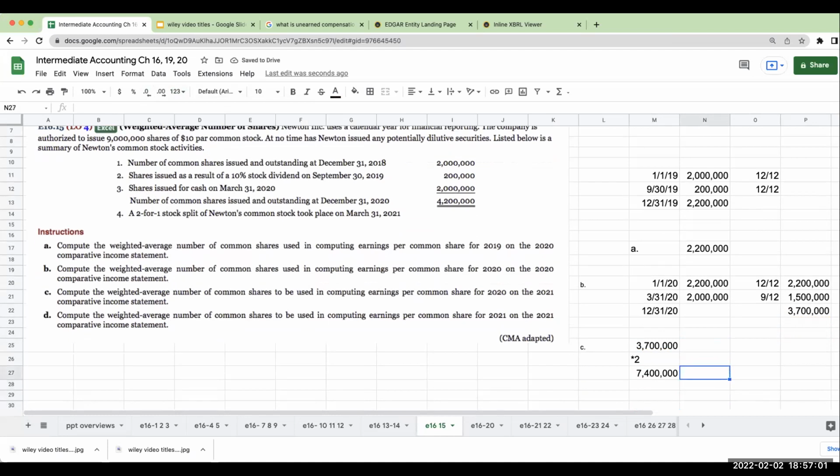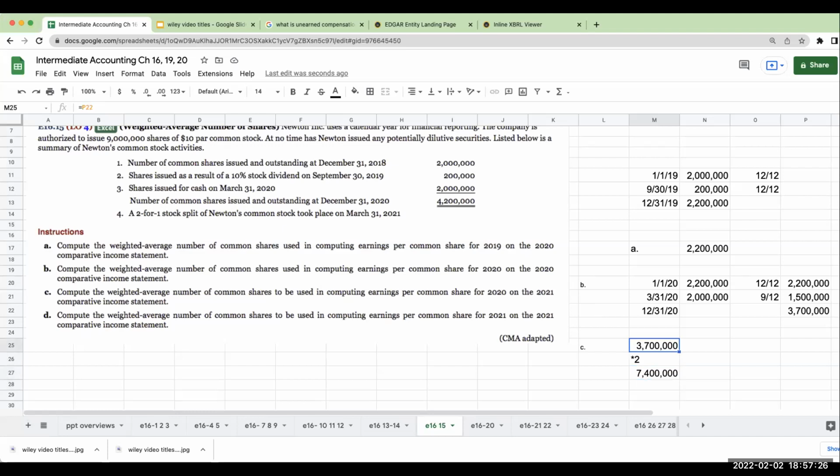Okay. So right over here, the weighted average number of shares to be used for 2020 on the 2021 comparative income statement. Why am I doubling it here for 2020? Because once I do the split, I'm going to have to make sure that the numbers of shares outstanding are comparable period over period.